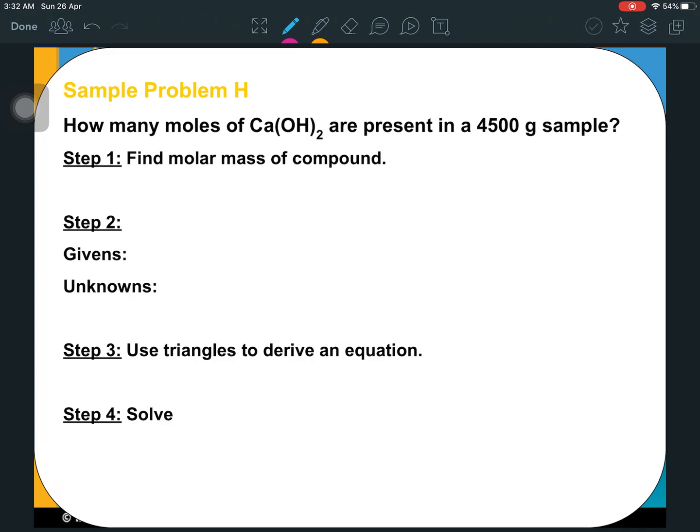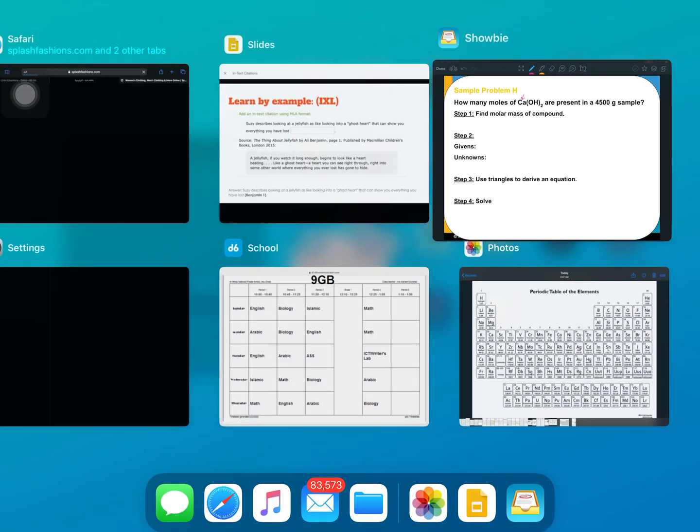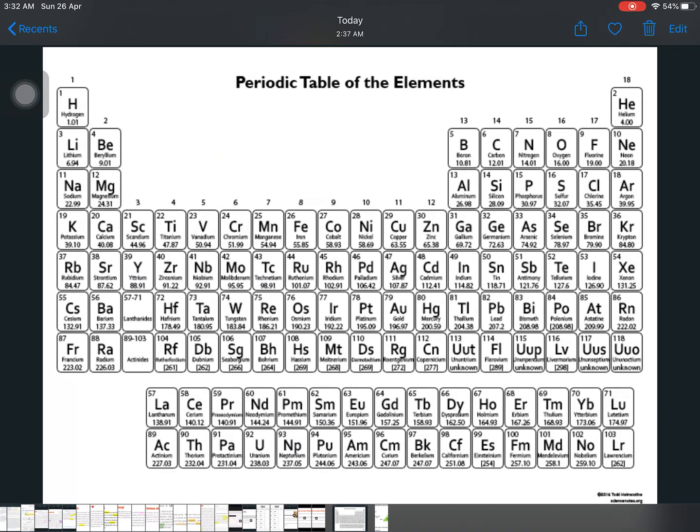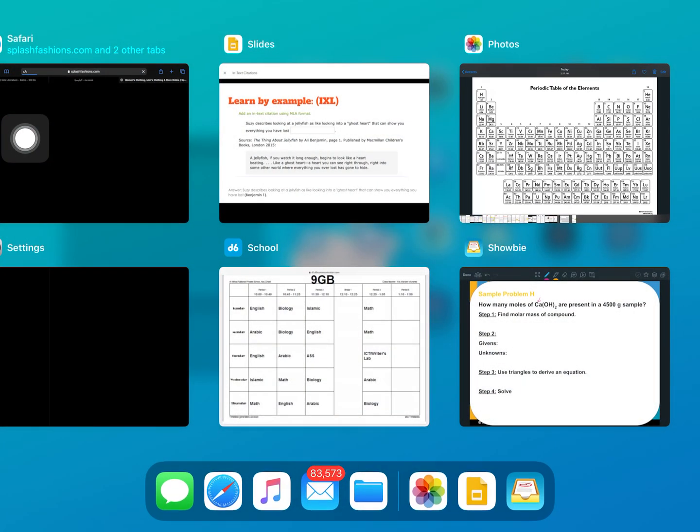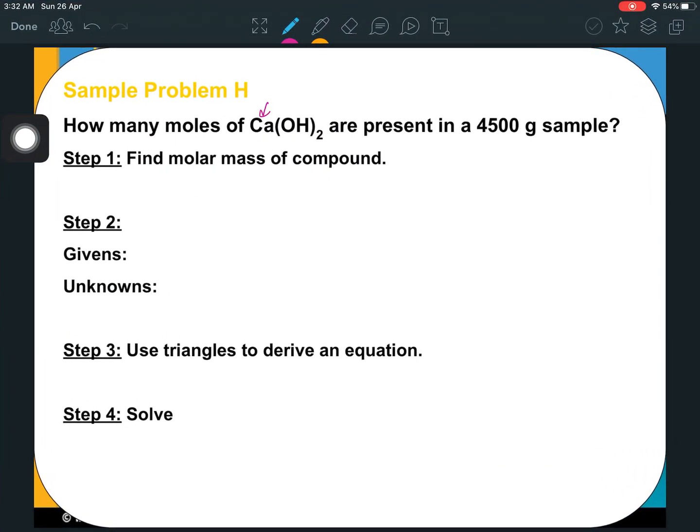Here we're talking about calcium hydroxide. The first thing we're going to do is go into our periodic table and find the molar masses of each of these elements inside our compound. For calcium, it is right here, 40.08 grams per mole.